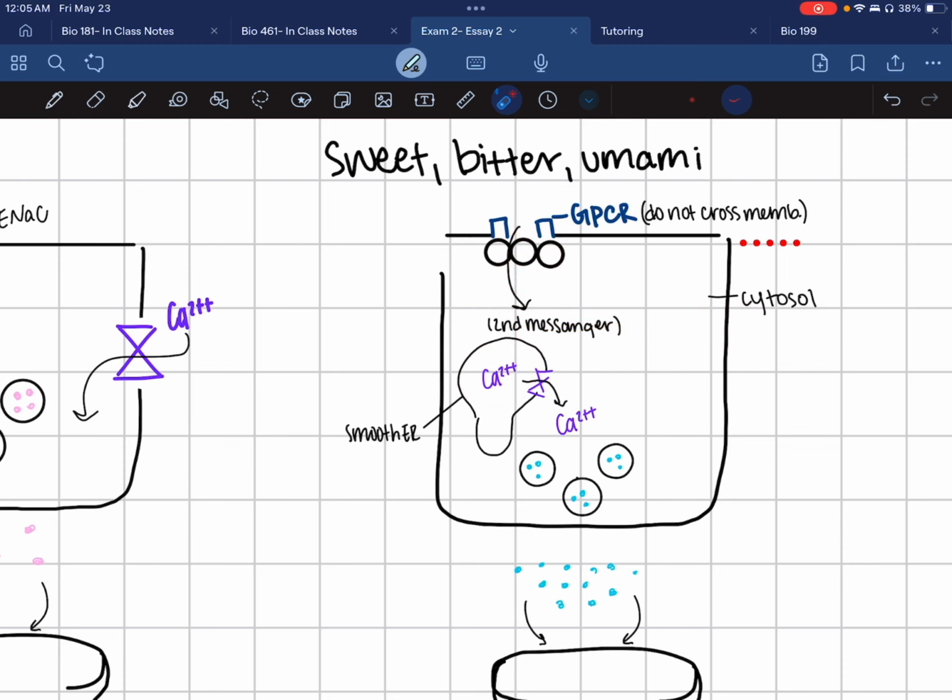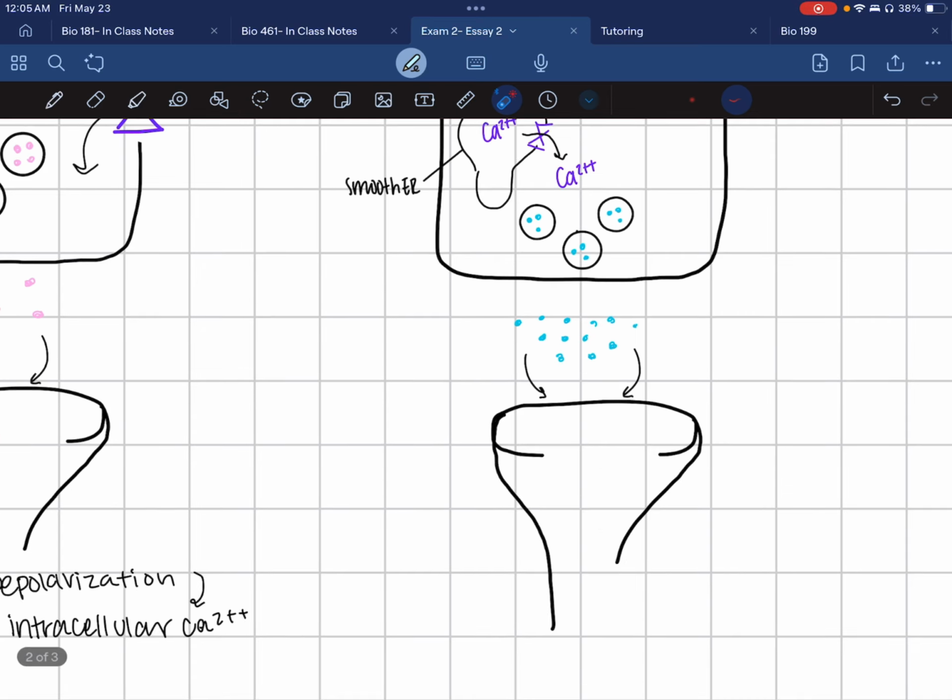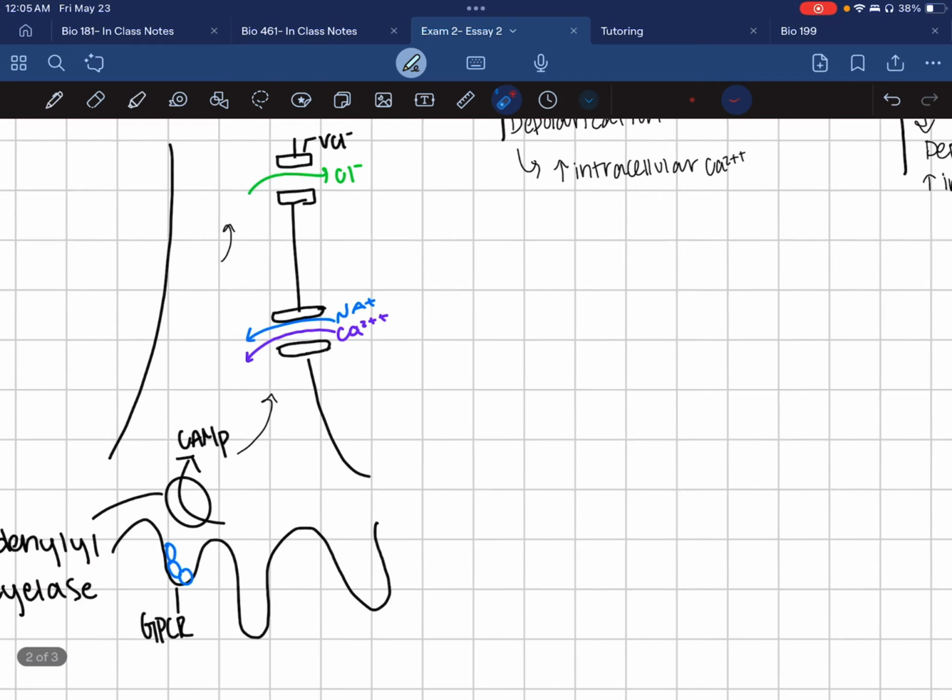So it triggers the opening of calcium on the surface of the taste receptor, or in the smooth endoplasmic reticulum, which is kind of like what our book showed. And then calcium enters the cytosol, and that triggers exocytosis of the vesicles full of the neurotransmitter, and then it goes to the neuron, and then we get our action potential. That's received from different receptor types.